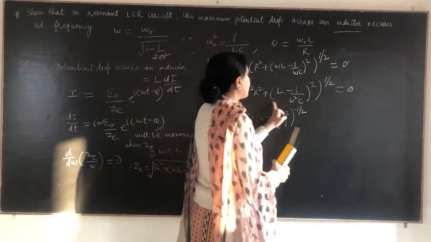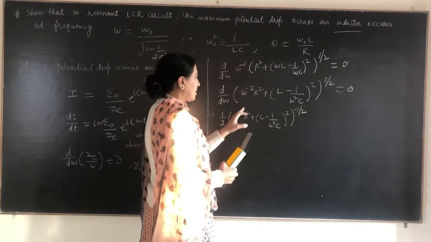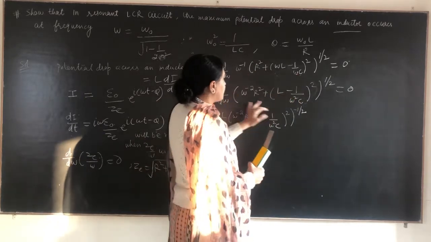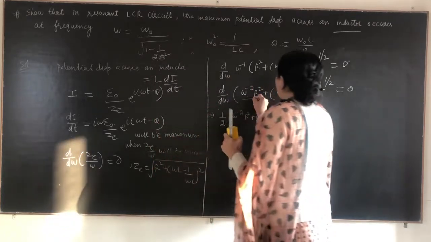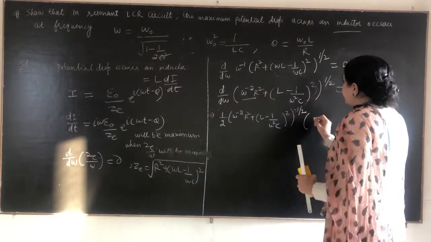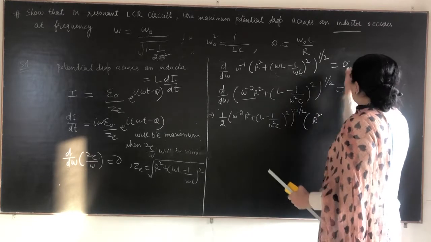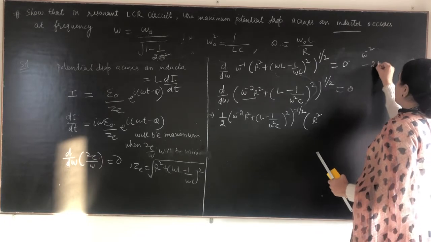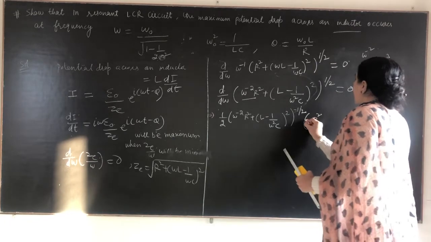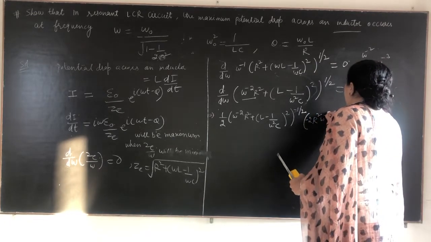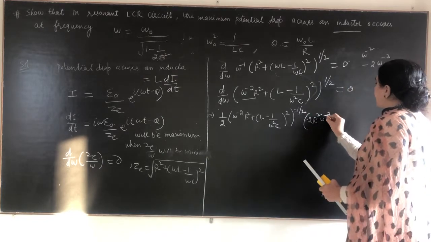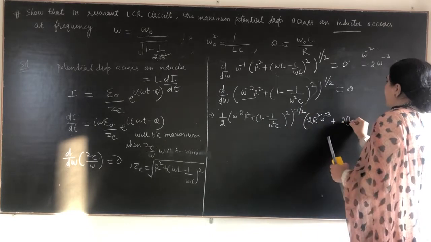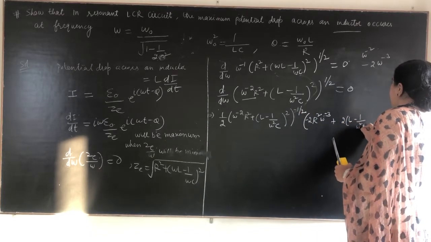Now the derivative of this term. First we take the derivative of this whole, then the derivative of the terms inside the bracket. The derivative of the first term is R squared times minus 2 omega to the power minus 3. Plus 2 times (L minus 1 over omega squared C).